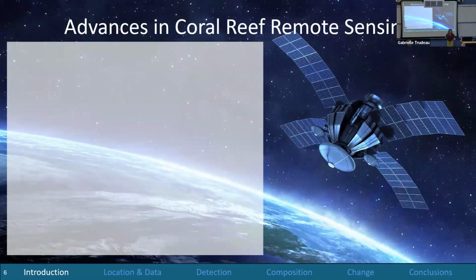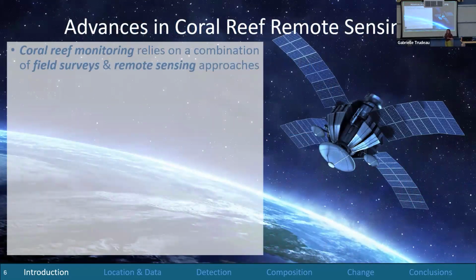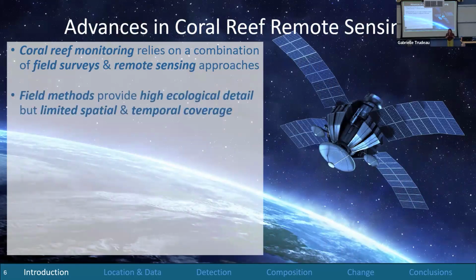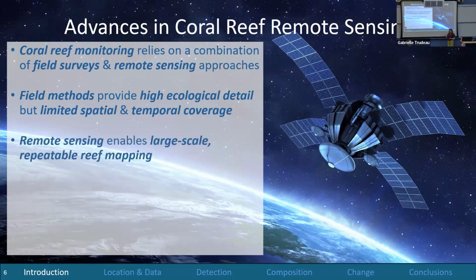However, there's been a number of advances in coral science over the years, especially using remote sensing. For starters, we've started using both field surveys and remote sensing to do coral reef monitoring. Field methods, as we kind of talked about, provide us with high ecological details, but they're limited spatially and temporally. Remote sensing gives us the ability to do large-scale repeatable reef mapping.